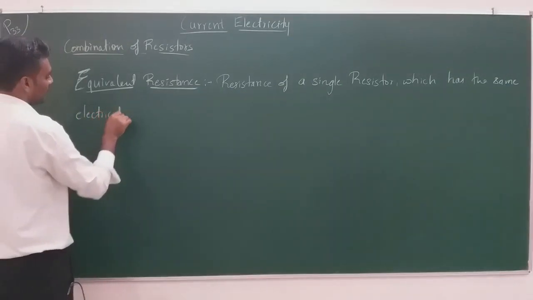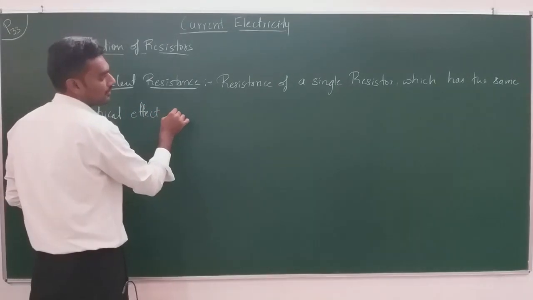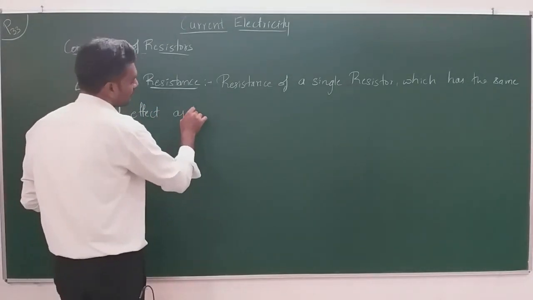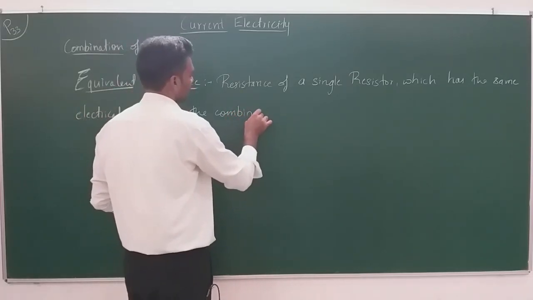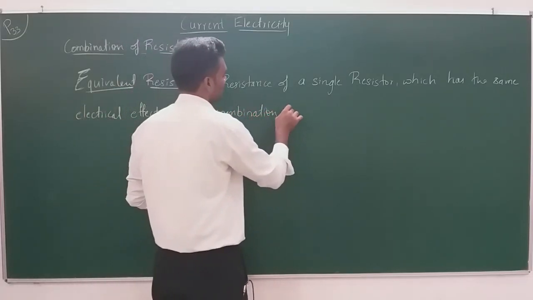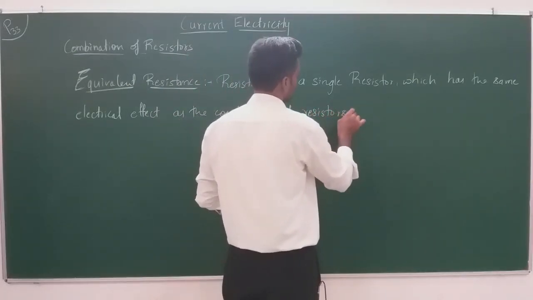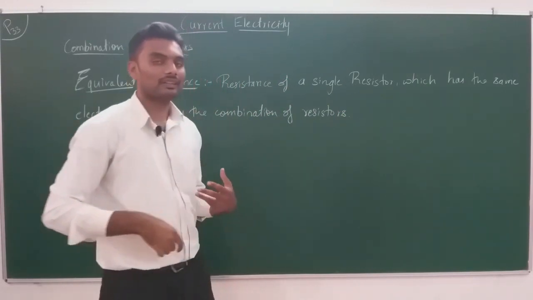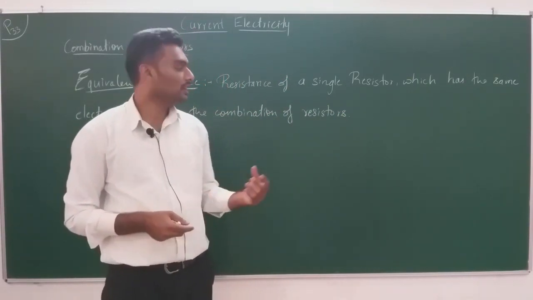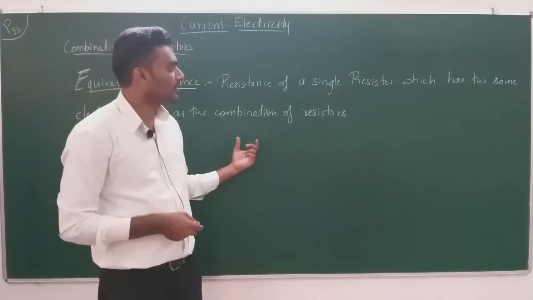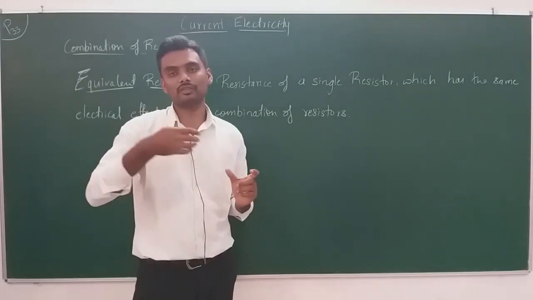Okay, it has the same kind of electrical effect as the combination of different resistors. Different resistors can be chosen, different combinations can be made. Finally, an effective resistor is the one which will have the same effect as the combination.